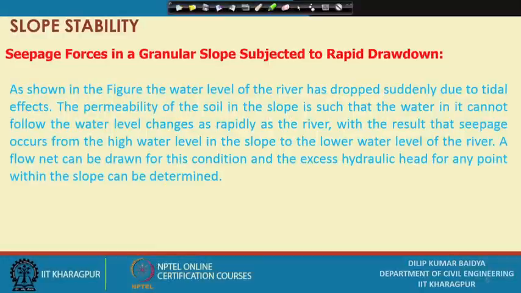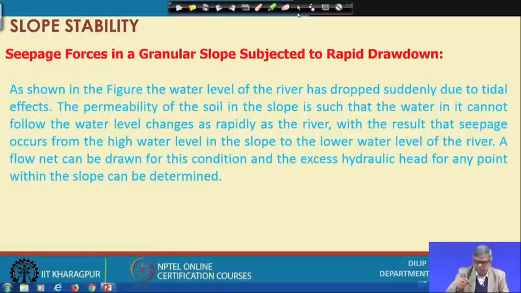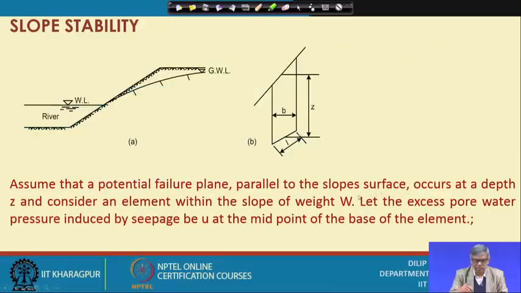Similar to that here also, since the water table has gone down but water is still retained in the soil, water will flow through the soil towards the groundwater table, and because of that a seepage force will act.